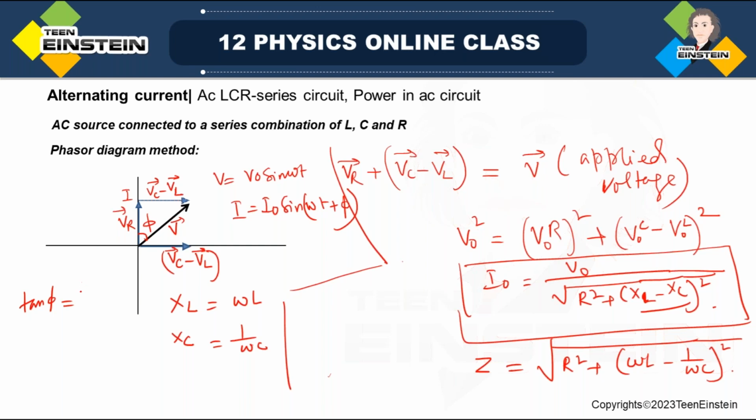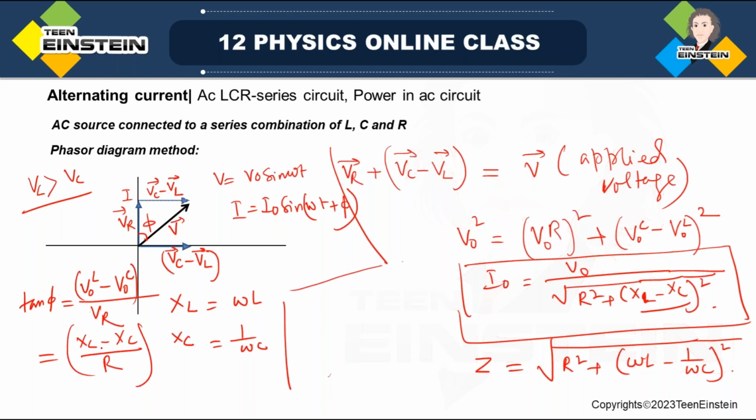Let me consider VL greater than VC for the time being, so we can write V0L minus V0C, taking the modulus, divided by the base V0R. So this is the angle, tan phi. This can again be written in terms of XL minus XC divided by R.